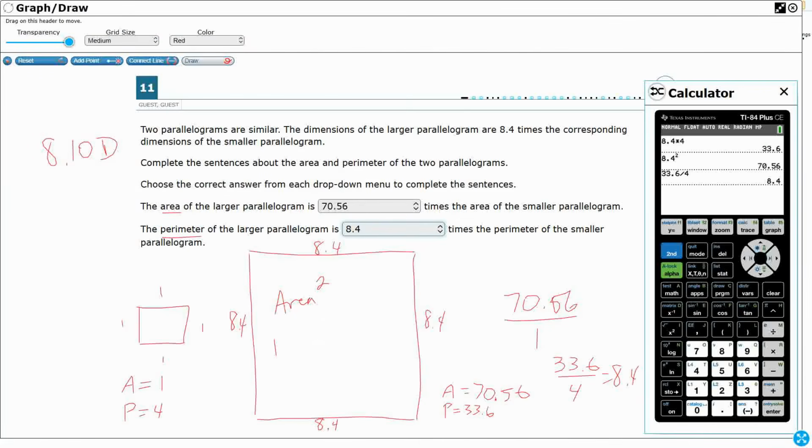So you square the scale factor for the area, but the perimeter is simply the scale factor because you're adding. You're not multiplying to find the perimeter. I did 8.4 times 4, but really I could have just done 8.4 plus 8.4 plus 8.4 plus 8.4. So that's something we need to remember about when we are dilating shapes.